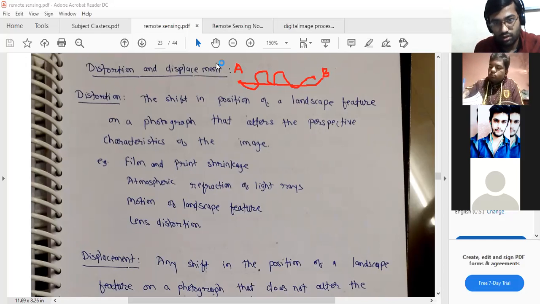Again a third person came and followed a straight path. So out of these three paths, the shortest distance will be your displacement. So it is indicated with the purple path.